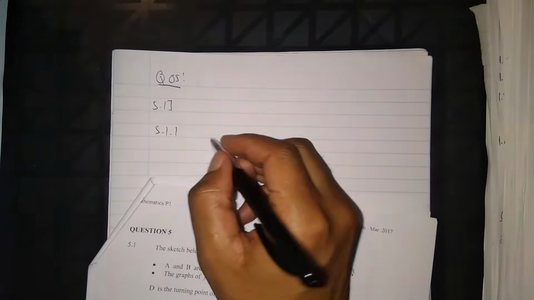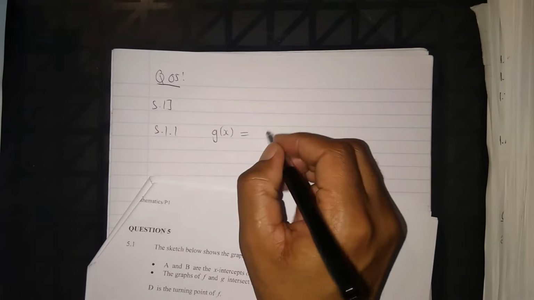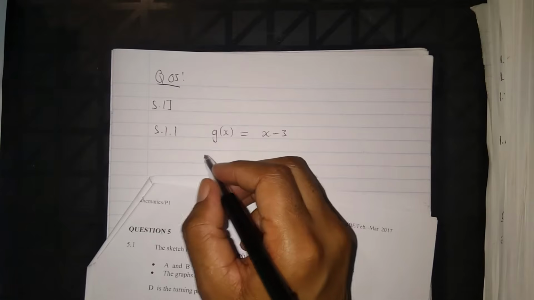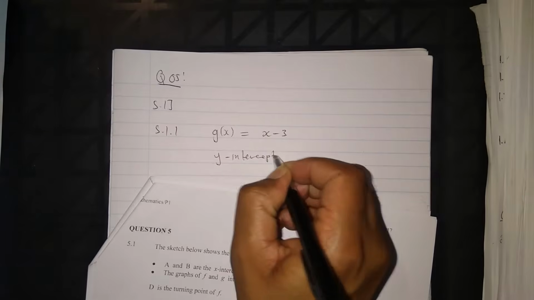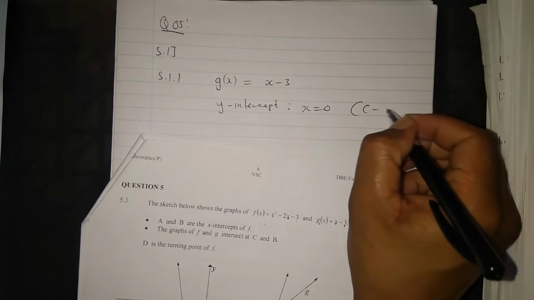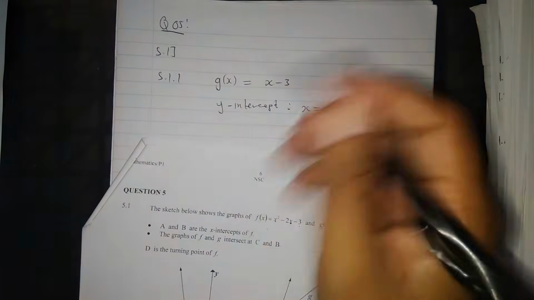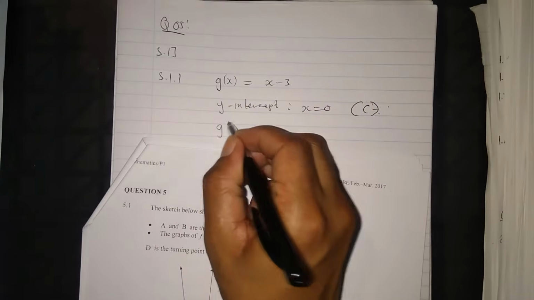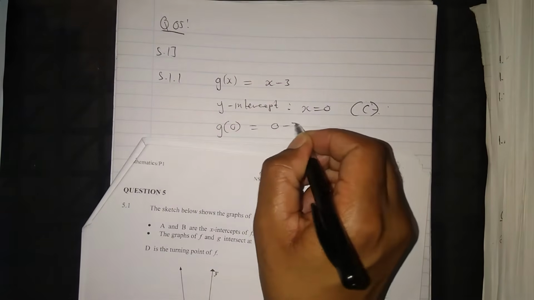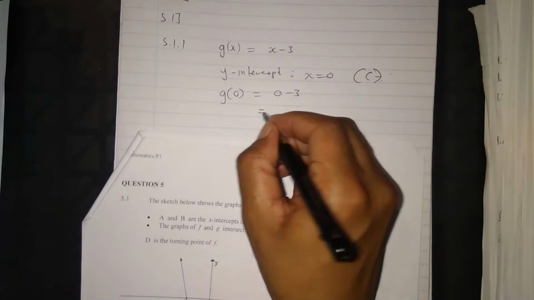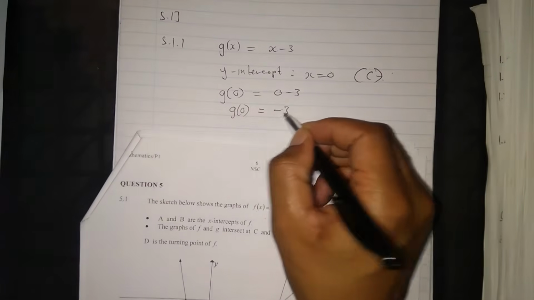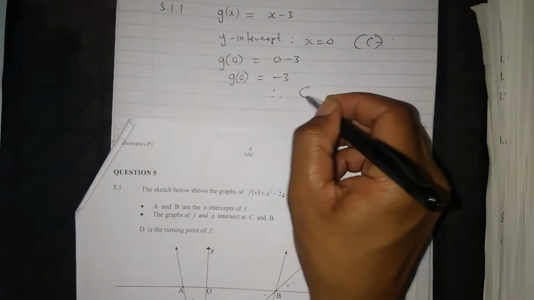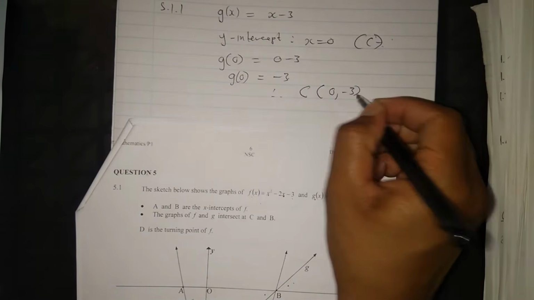So as I said, the shortest one, g of x equal to x minus 3. For the y-intercept, we let x be equal to 0. So therefore g of 0 is equal to 0 minus 3. Therefore g of 0, or y, is equal to negative 3. So therefore our coordinates of C are 0 and minus 3.